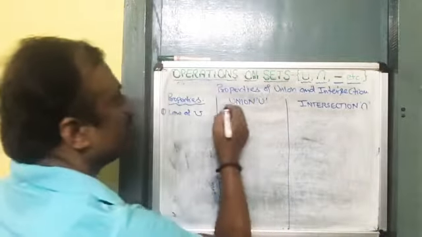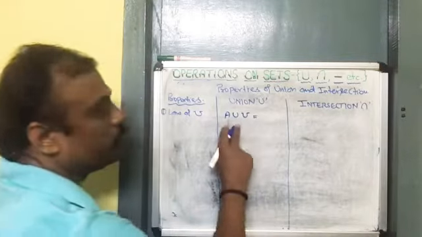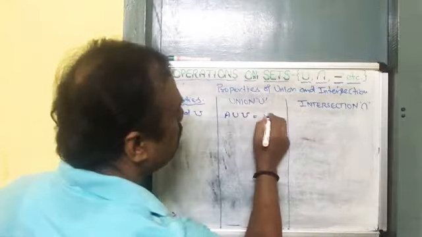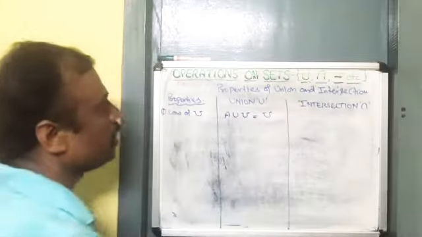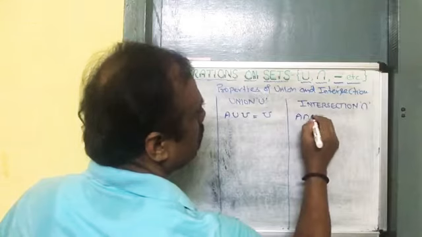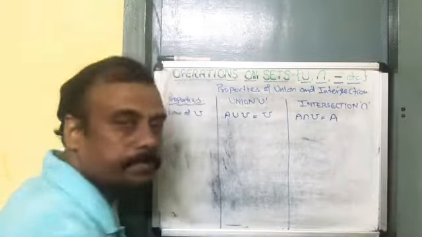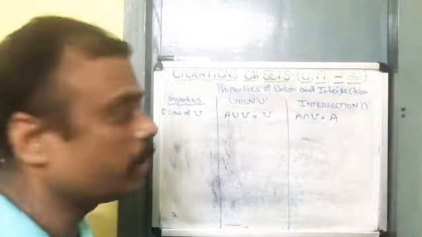Let there be two sets A and B. If I take A union the universal set, what will we get? We will get the universal set. And if I take A intersection the universal set, what do we get? A.